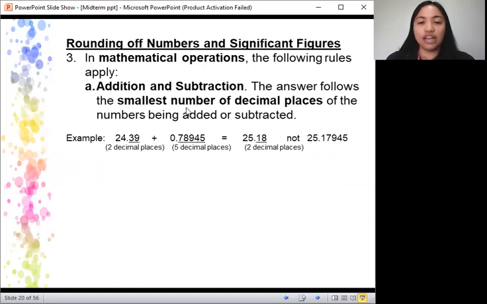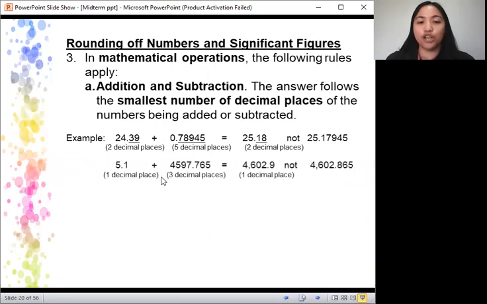So according to the rule, when you add or subtract, you follow the smallest number of decimal places. That is why you should report your answer with two decimal places and not this one. Next example. Even if it has two significant figures, but its decimal place is only 1, you should report your answer with one decimal place, even if it has 2, 4, or 5 significant figures.